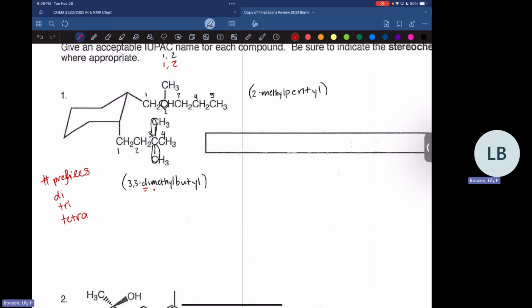So we have a methyl. In our substituent at the top, we also have a methyl, so we're going to have to go on further to what the main part of that substituent was. So on the bottom, we have a butyl, and on the top, we have a pentyl. B comes before P in the alphabet, so this 3,3-dimethylbutyl will get our carbon 1, and that means the other substituent is going to be carbon 2.